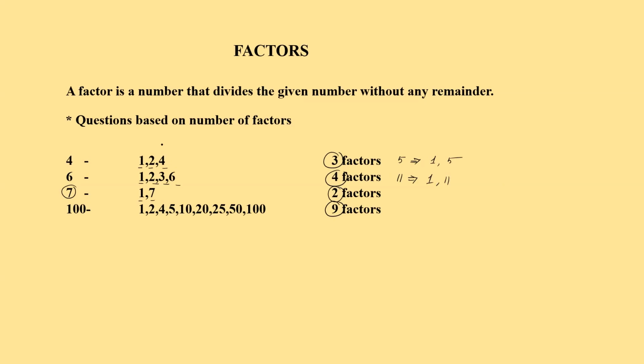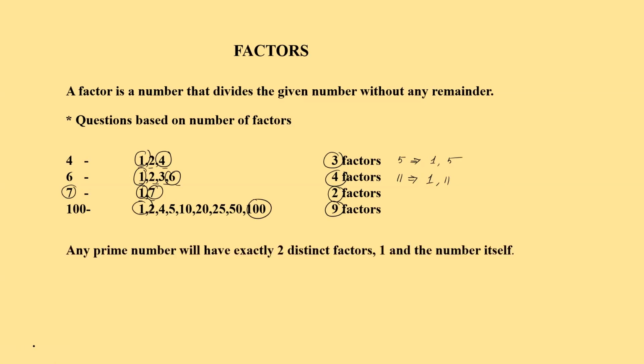For any number, 1 and the number itself are definitely going to be factors. So a prime number is a number which has exactly 2 distinct factors, 1 and the number itself. If x is a prime number, then the factors of x will be 1 and x.